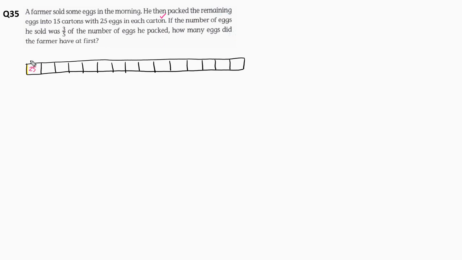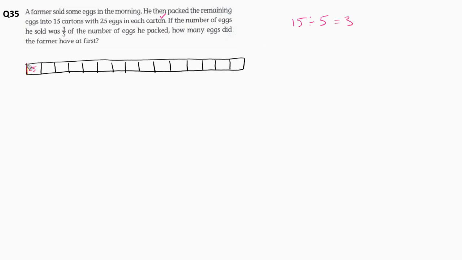So we know that we've got 15 parts here, and we want to be able to divide that into 5 parts, because the eggs that were sold are 3/5 of the number of eggs that were packed. So what is 15 divided by 5? 15 divided by 5 is 3.